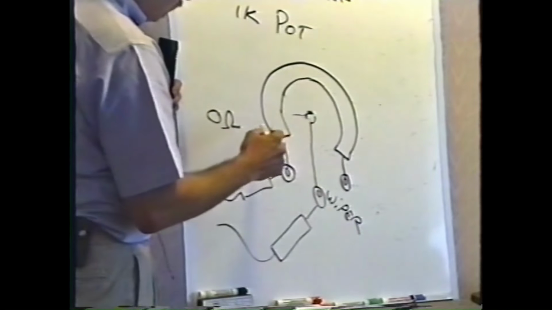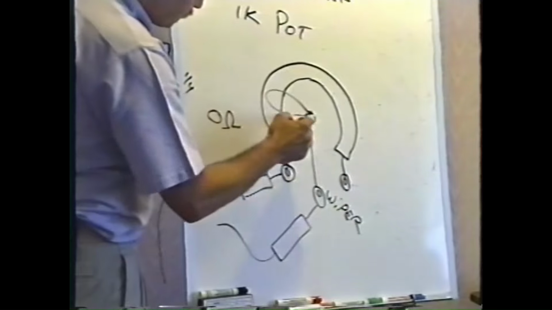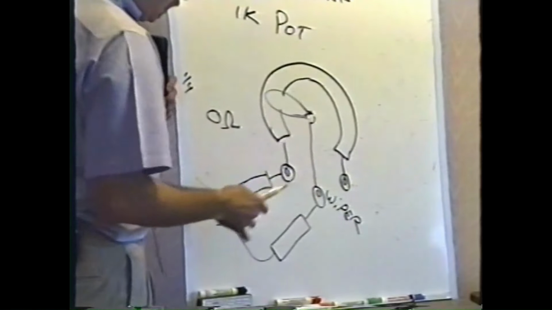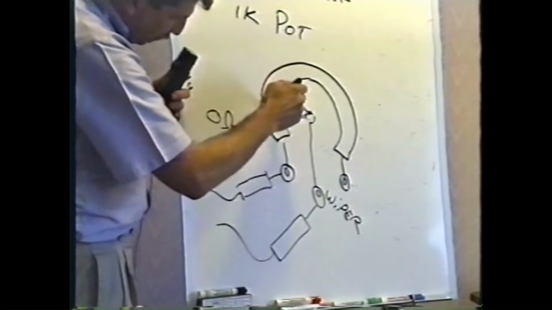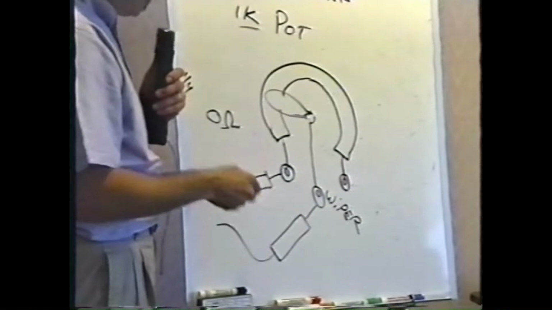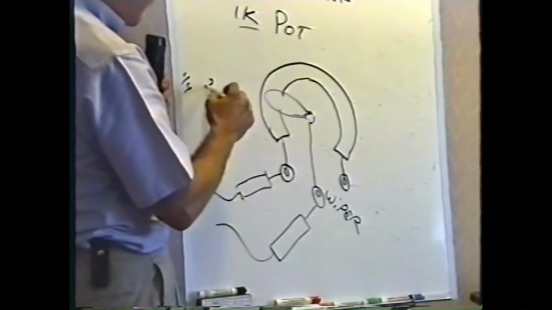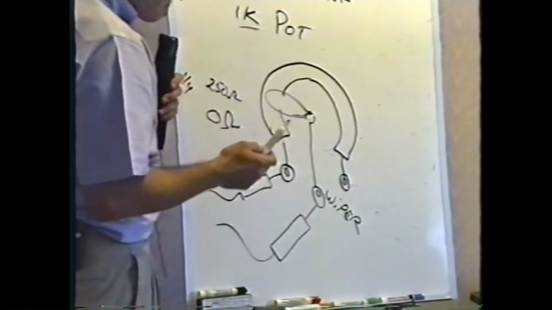Let's say I rotate the wiper 1/4 of the way up. Well, now the current has to flow through the wiper and through part of the resistance, 1/4 of the resistance. Well, if it's a 1K pot and I'm going through 1/4 of the resistance, I probably have about 250 ohms there, which I would.